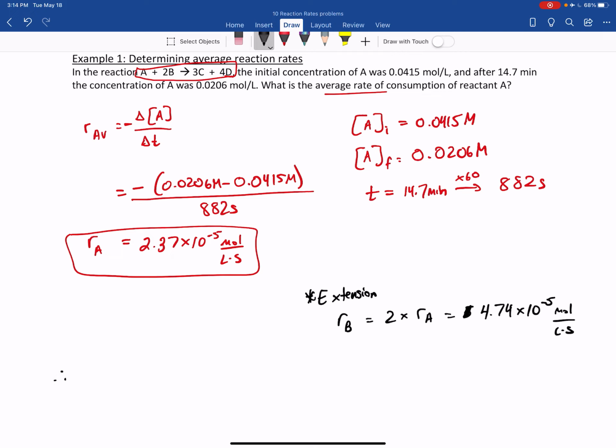And now for our final statement, A is being consumed or used up at a rate of 2.37 times 10 to the negative 5 moles per liter per second. All right, very useful technique in terms of biology when you're studying enzyme activity as well as specific catalysts.